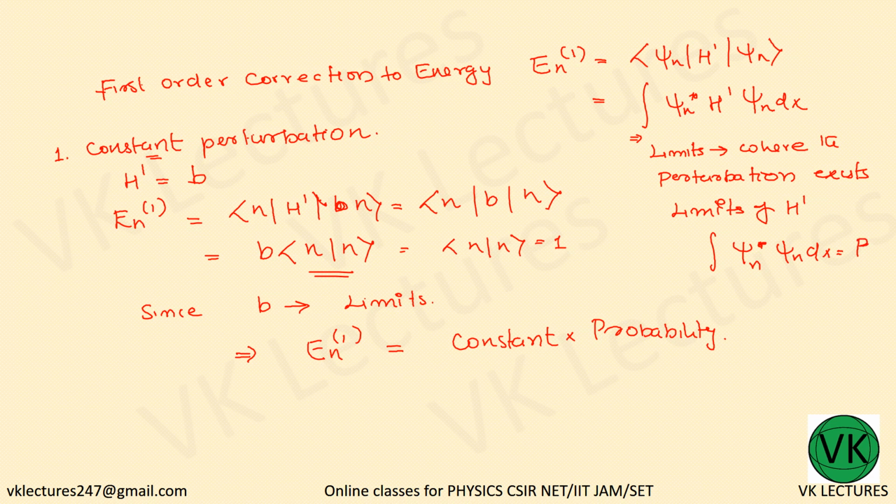Instead of writing 1, we can write p as probability, because the maximum value of probability is 1. Since the limits of perturbation is the limits of h dash instead of the entire limit, it is better to go with the probability. So for a constant perturbation, the first order correction to energy is given by that particular constant into probability.